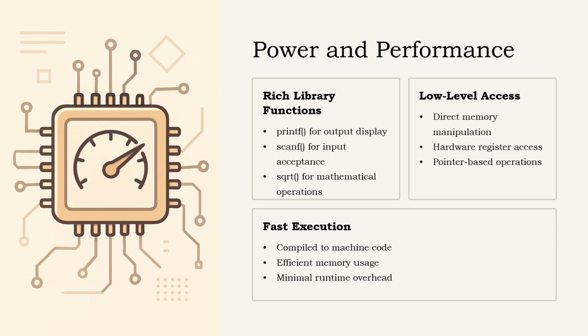And it has fast execution. Programs written in C execute very quickly compared to many high-level languages because C is compiled into machine code. As you know, we have discussed translators, interpreters, and compilers. In C language, we use a translator called a compiler.